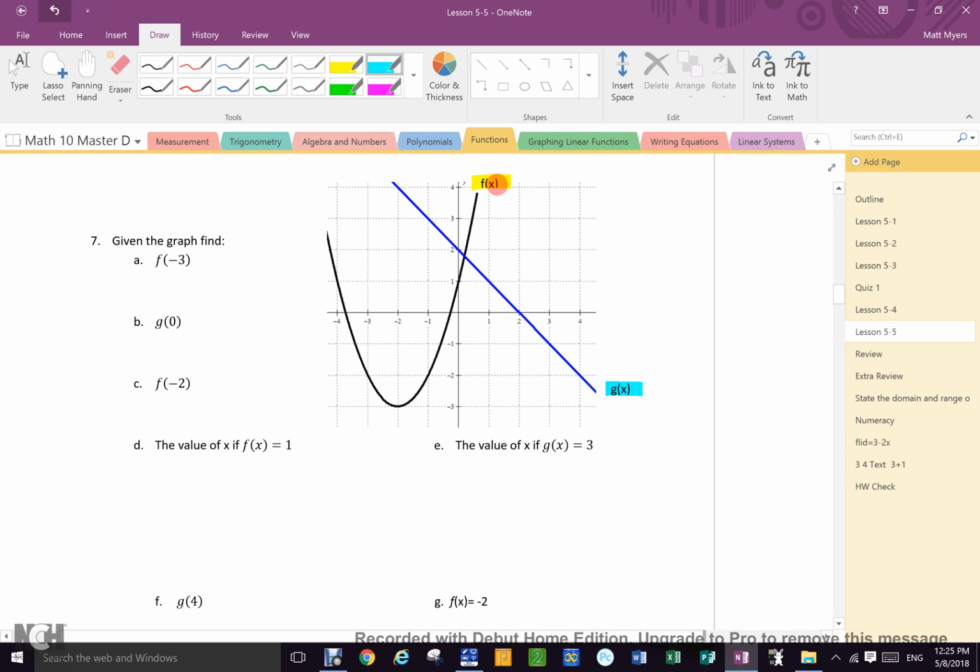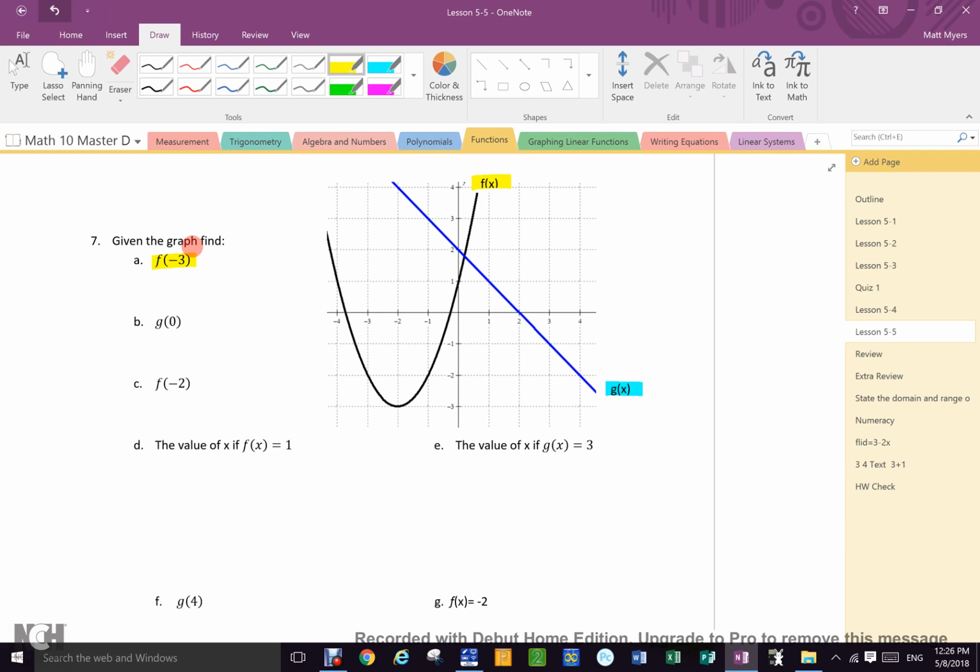Now, f of x, this line will tell me every value for f of x. In this case, how many values am I seeking? Am I looking for the entire line, or in this case curve, or am I looking at one specific spot on the curve?